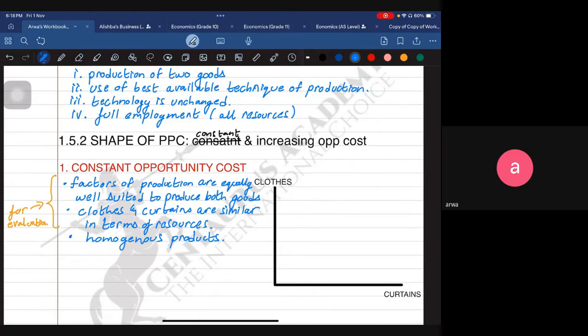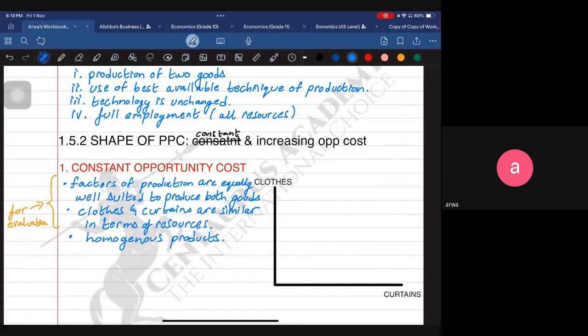So for a constant opportunity cost, how would our diagram look? Will the curve be curved or straight? It'll be a straight line from the y-axis to the x-axis. Exactly. Very nice.